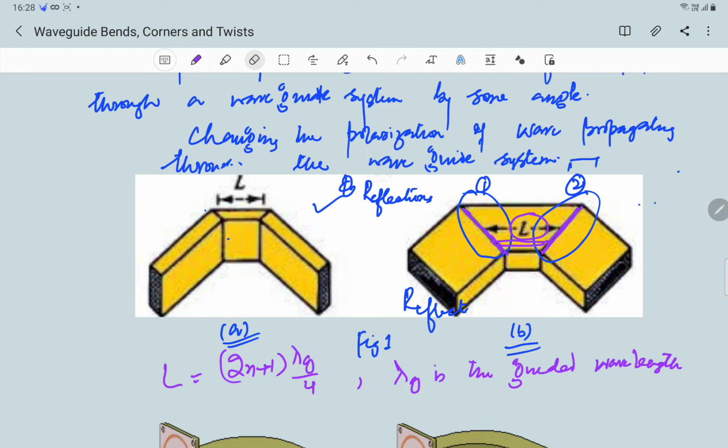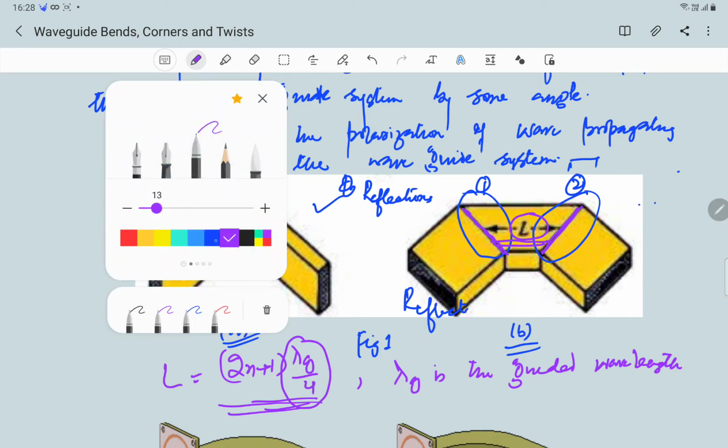So now let us try to understand how this length, 2n plus 1 odd multiple of quarter wavelength, is going to reduce the reflections. Say for example there are two waves. One is this wave number 1. At this discontinuity at point A, it gets reflected and comes back. Let me use a different color for the reflected wave.